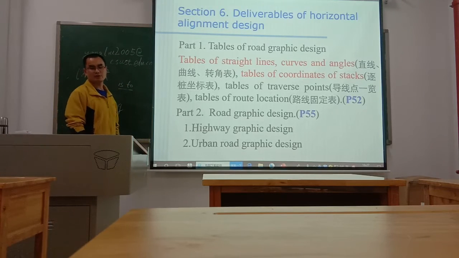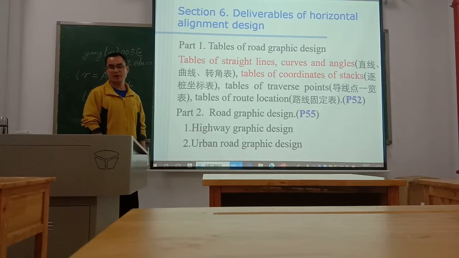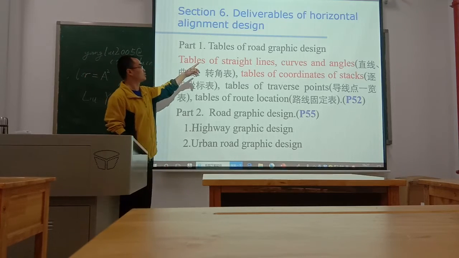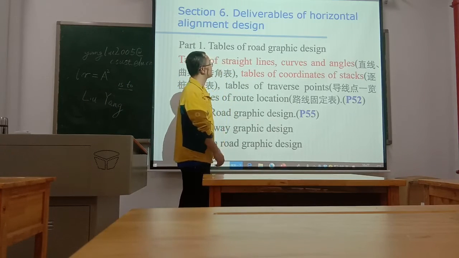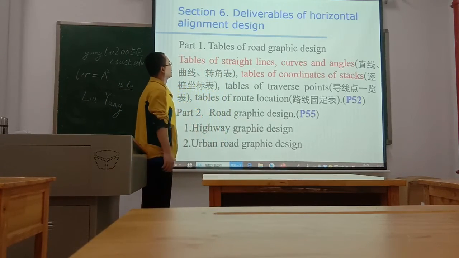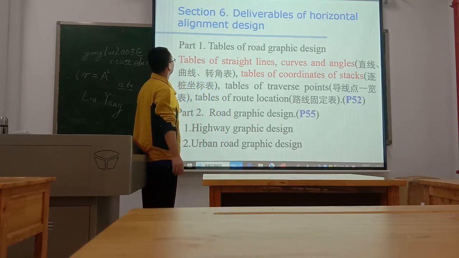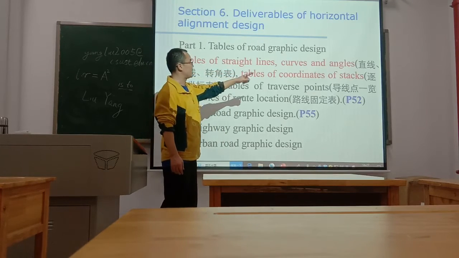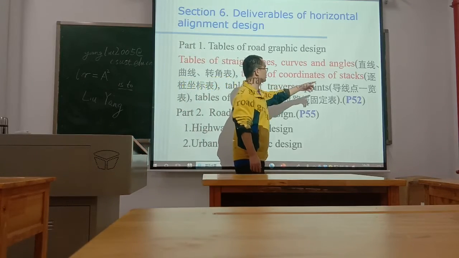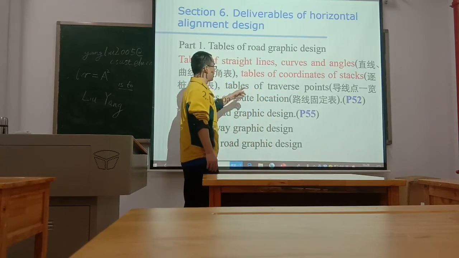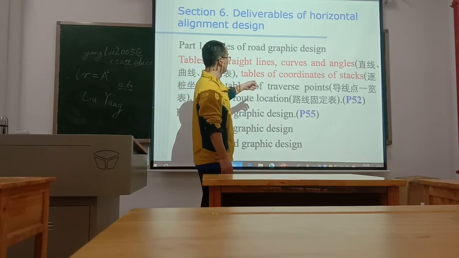Deliverables of horizontal alignment design. Part 1: Tables of road graphic design. Tables of straight lines, curves, and angles. Tables of coordinate steps. Tables of traverse points.